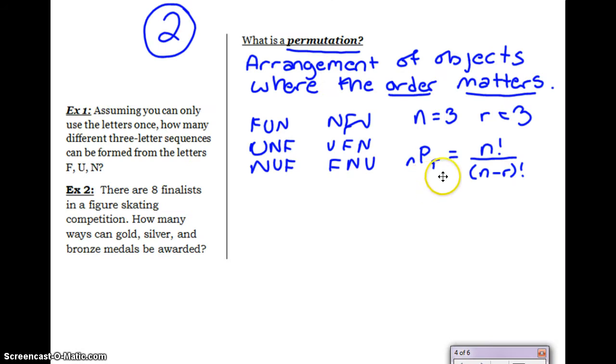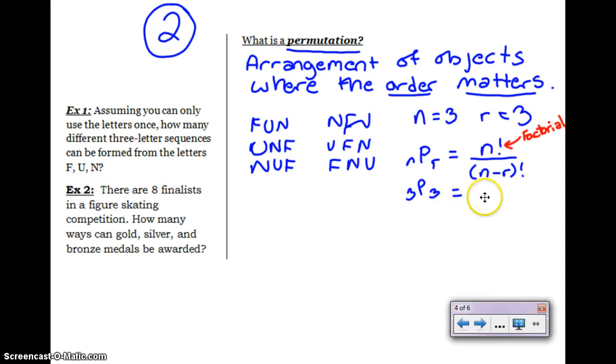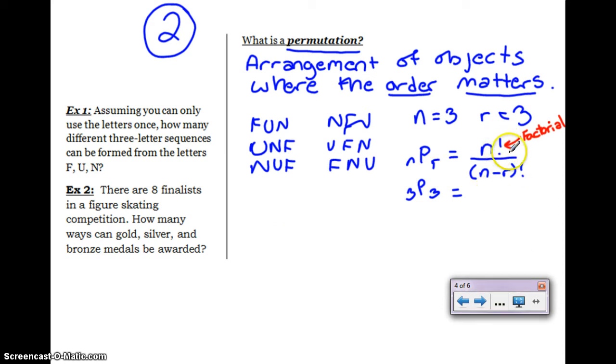So in this example, our N and our R are the same because we have 3 letters and we're trying to arrange all 3 letters in different ways. So we have a total of 3 letters and we want to use all 3 letters to arrange in different combinations. So we are going to take 3 permutation 3, and this little exclamation mark again means factorial. All that means is if my N, which is 3, I'm going to multiply down to 1.